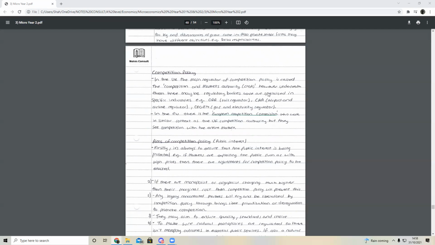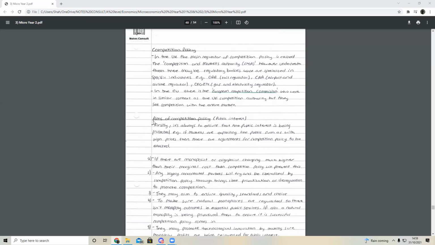However, underneath them, there may be regulatory bodies who are specialized in specific industries. For example, ORR, the rail regulator, CAA, airport and airline regulator, Ofgem, gas and electricity. In the EU, there is the European Competition Commission. So we don't need to know that anymore.